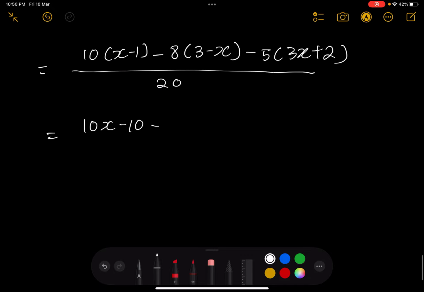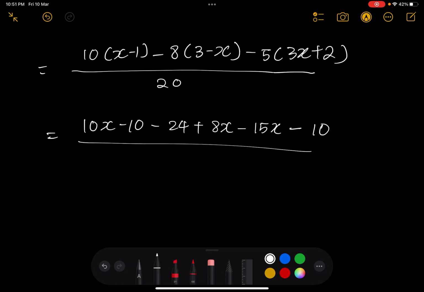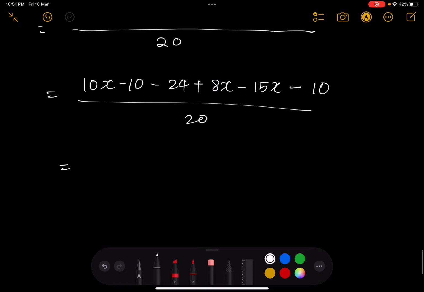I'm going to do this very fast. 24 plus 8x minus 15x minus 10. Now we will group like terms together. 10 plus 8 minus 15. In the upper side, you have to do this very fast.